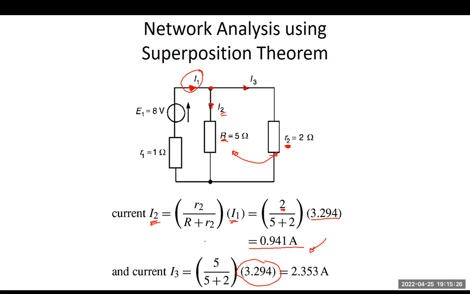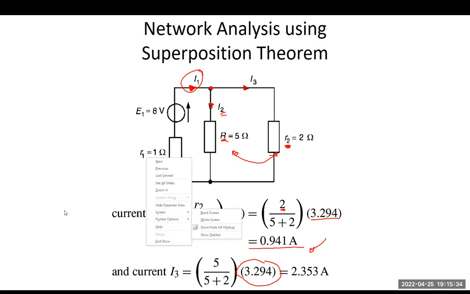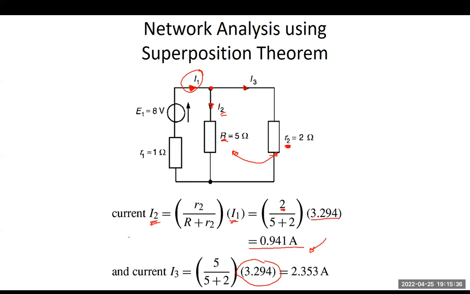So we have 5 divided by the sum of the big R and the small r, and then multiplied by I1, and therefore our I3 now would be equal to 2.353 amperes. So those are the currents that we have determined using E sub 1.